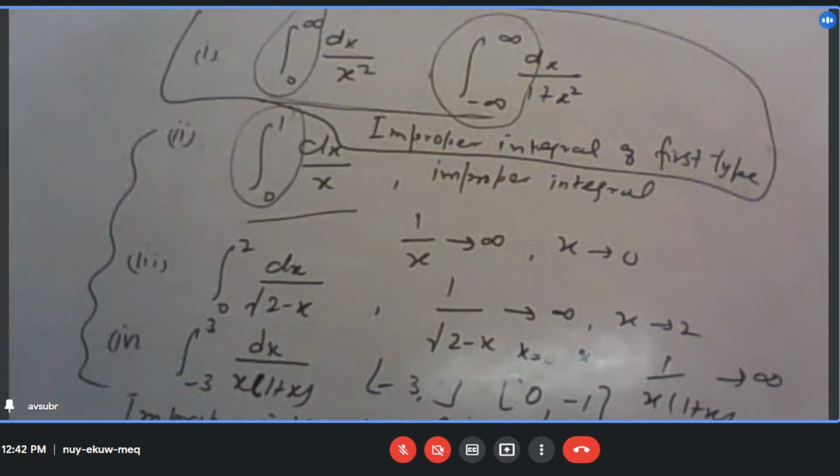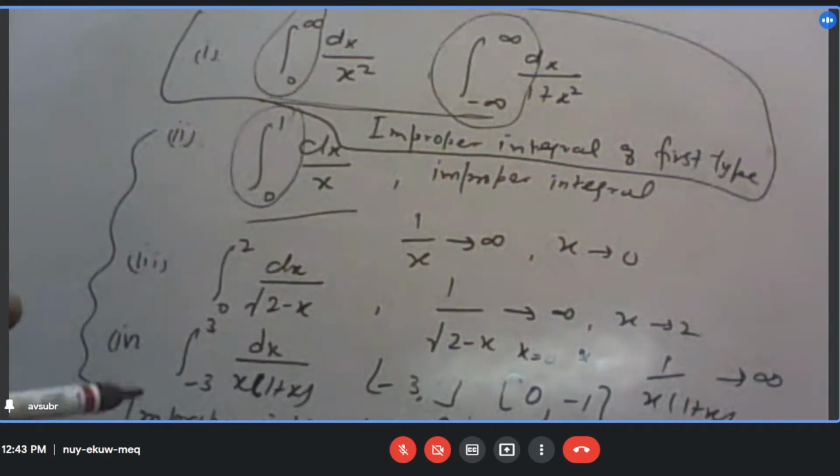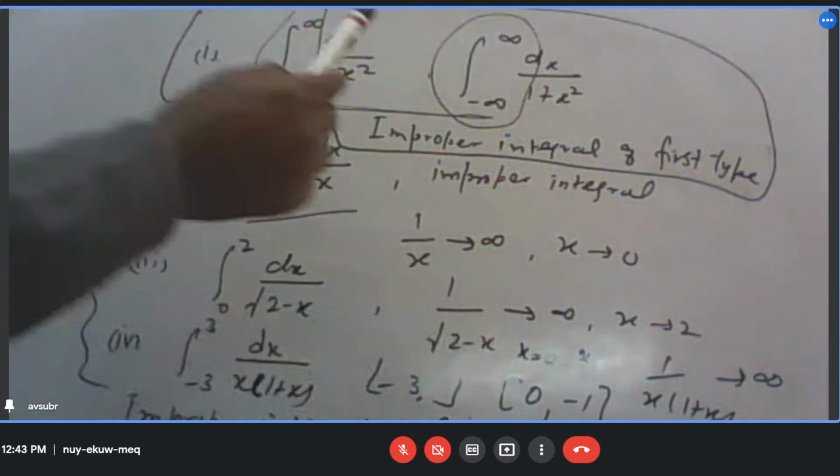Once again you have a singularity here, or discontinuity, right? Is it or not? Yes, sir. You have discontinuity, that is, you have a singularity here. It is going to infinity. In this case also, once again you see, at 2 points, not one. In fact, at 2 points you are getting singularity.